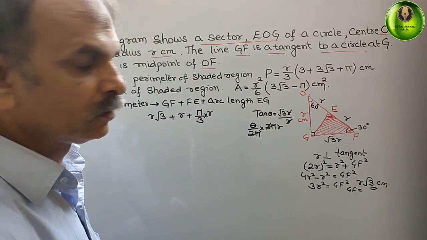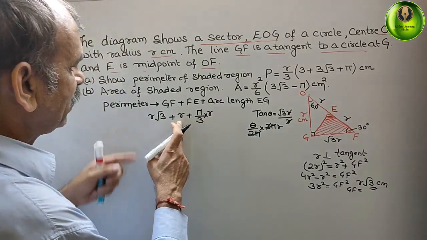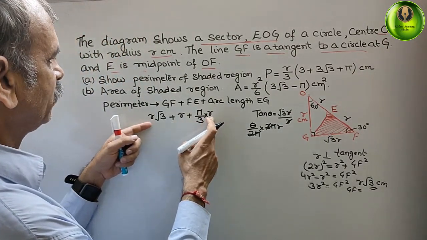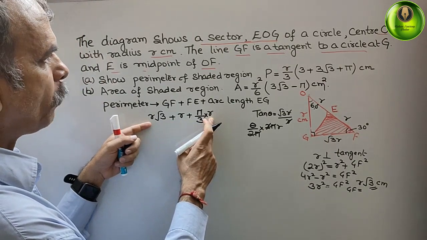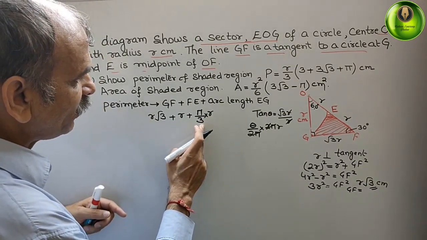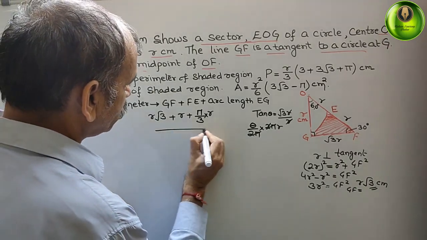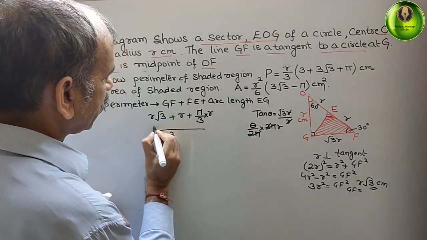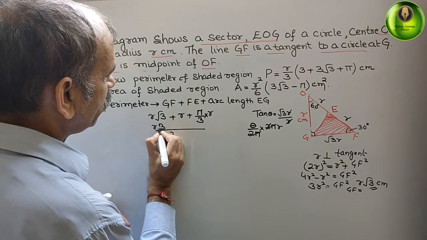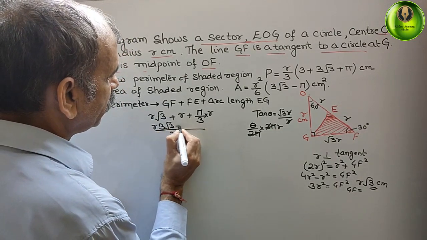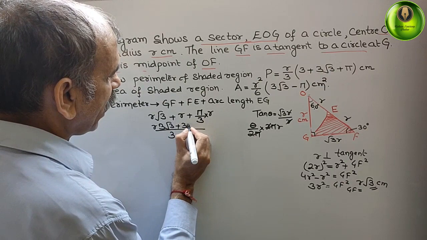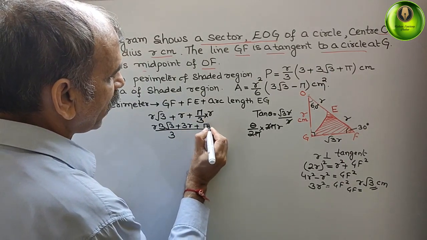Solve this. So here you can see r is common. At the same time we will take the LCM of this. So LCM is 3. So here comes 3 root 3 r, 3r and here comes pi r.